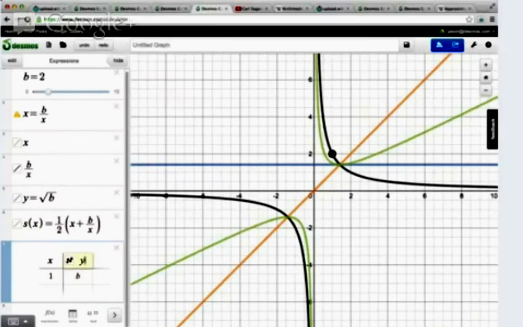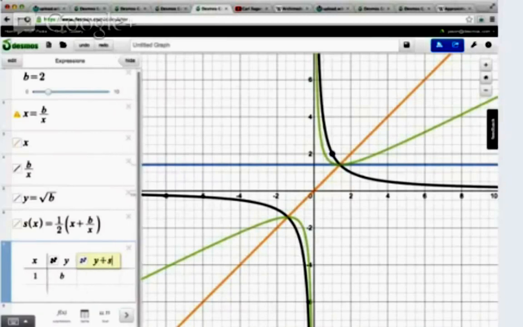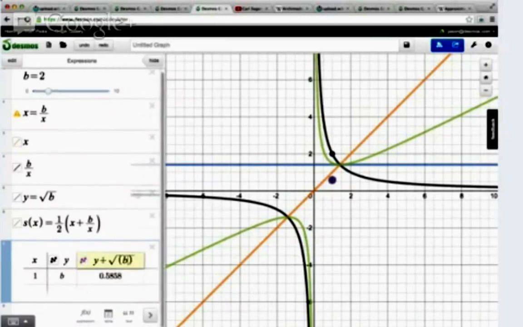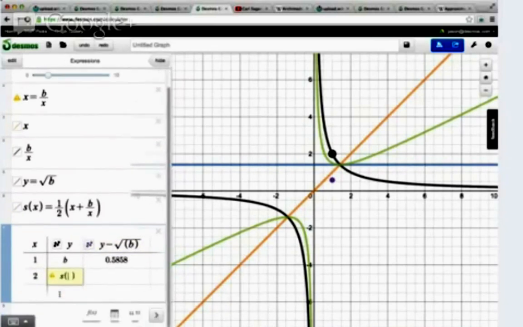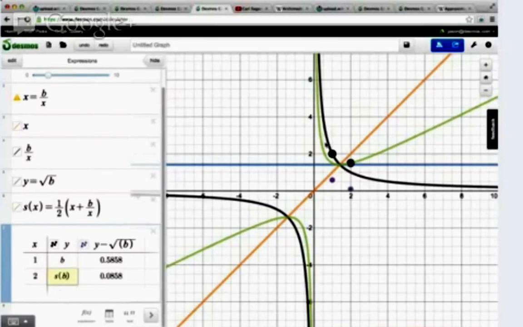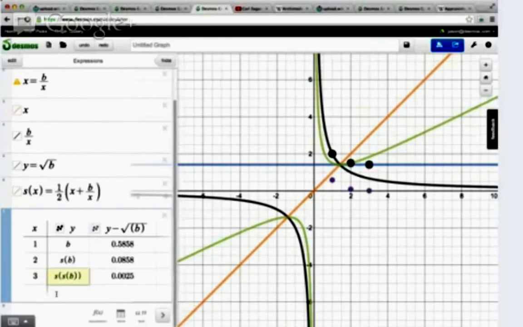And we can measure our progress by looking at y minus the square root of b. Now on step 2, we can do S of b. And we see that it's actually closer to the square root than we were when we started.